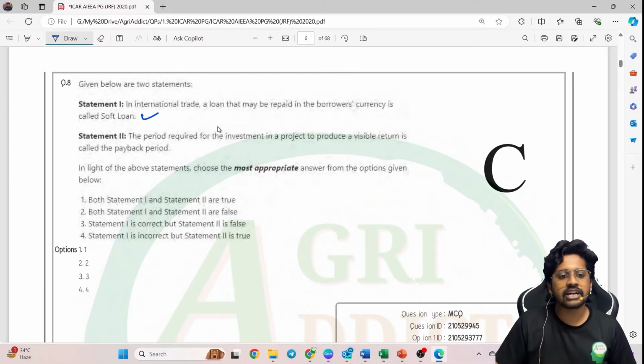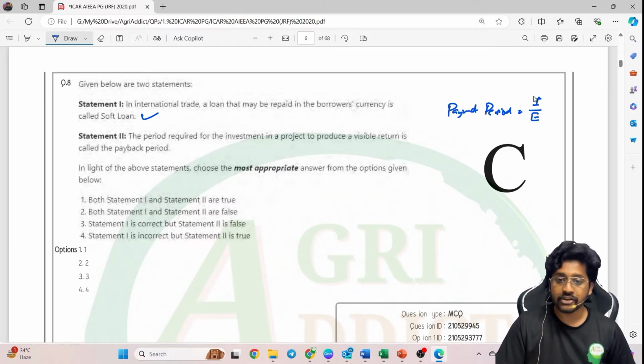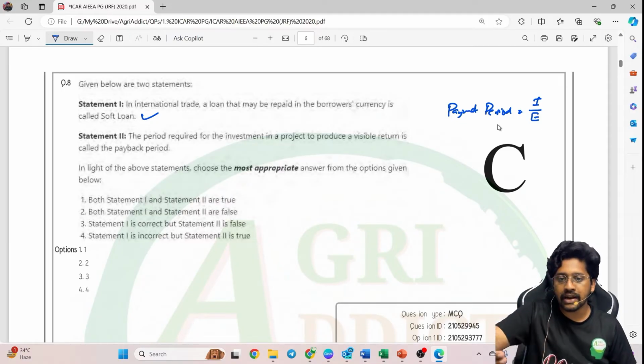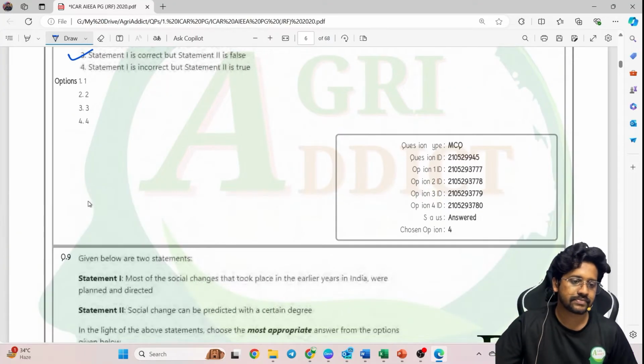The definition given in the second statement is not correct. The payback period is given by I by E, where I is the investment of the project and E is the annual cash flow of the project. So statement 2 is incorrect, statement 1 is correct, and the third option will be the correct answer.